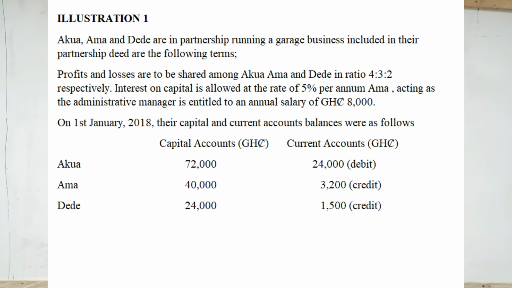And for the current account balances, we have 24,000 for Equia, which is a debit balance, and then Ama's balance of 3,200 is a credit balance. And then Dede has 1,500 credit. So with the debit for the current account, it means that they have done more drawings than necessary. So it's not the usual balance. So we are going to make sure that they have their balances where they are supposed to be.